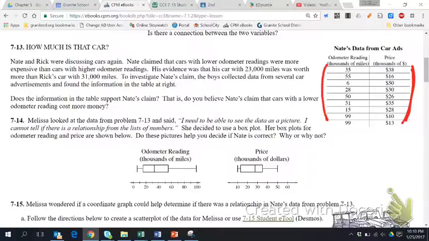One thing I can easily do is take a really low one, just 6,000 miles on it for 50,000, and then jump up to some higher ones like 99, and we see 10 and 13,000. So we did see that the lower odometer reading did in fact cost more than one with a higher odometer reading. How perfect that is is still not quite as clear as perhaps we would like. So let's look into the next problem.